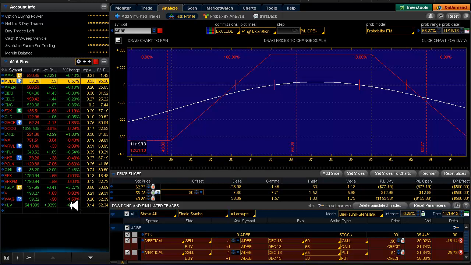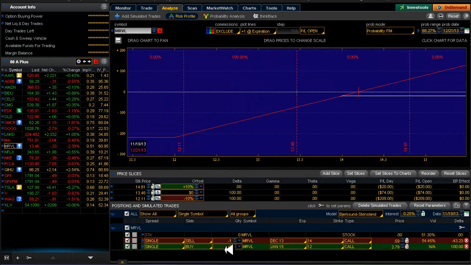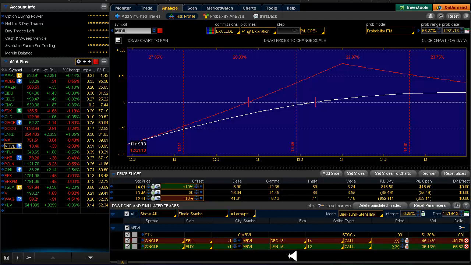And the other one was Marvel. And on Marvel I did a synthetic covered call, and I will talk a little bit more about that in the future. I want to see how this works out. So in the future I will be doing a video where I go back and backtest this methodology, which is buying a LEAP.